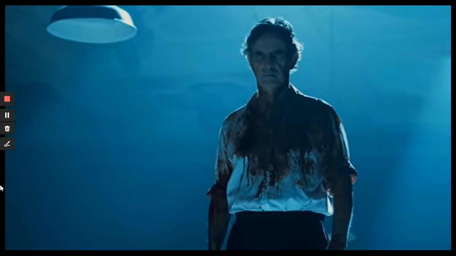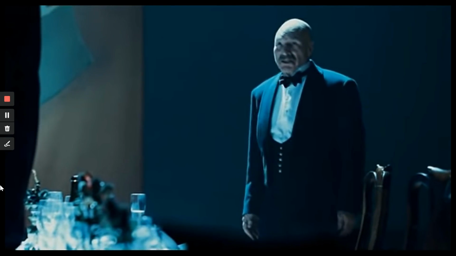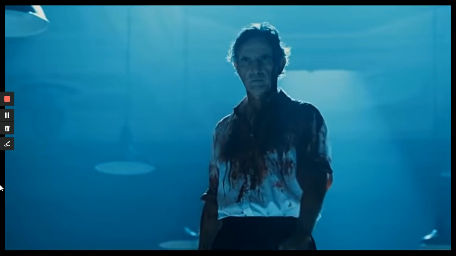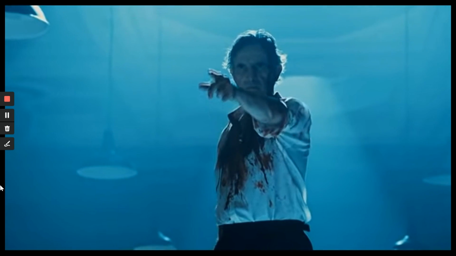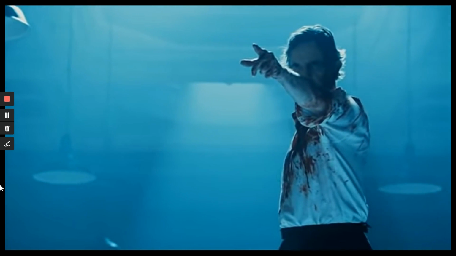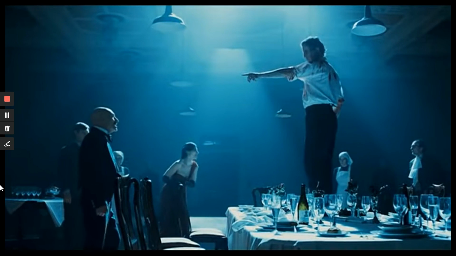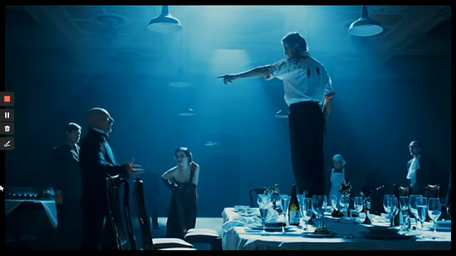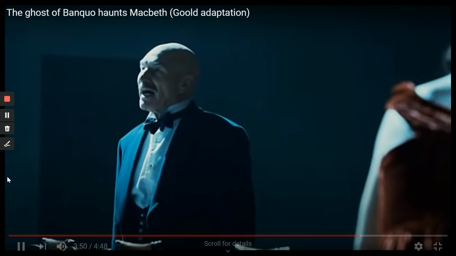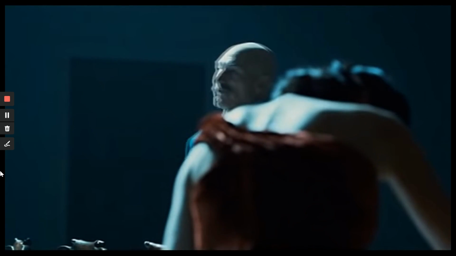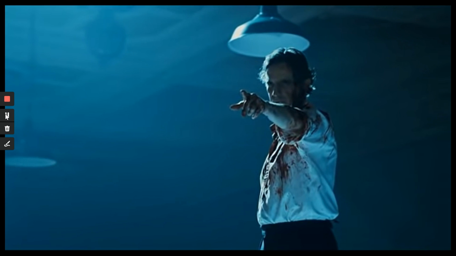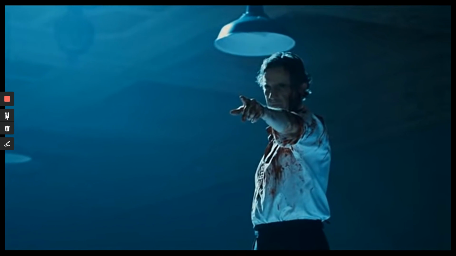Thy bones are marrowless. Thy blood is cold. Thou hast no speculation in those eyes which thou dost glare with. Think of this, good peers, but as a thing of custom. It is no other. Only spoils the pleasure of the time. What man dare, I dare. Approach thou like the rugged Russian bear, the armed rhinoceros, the Hyrcan tiger.